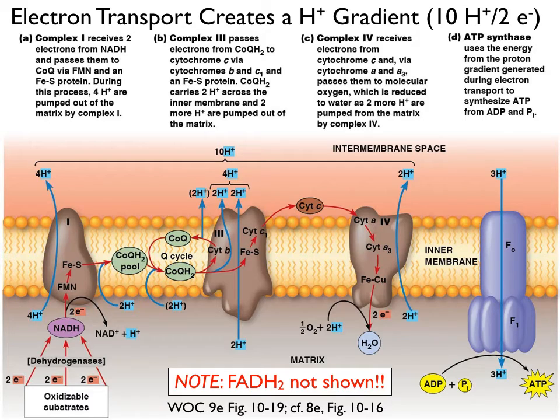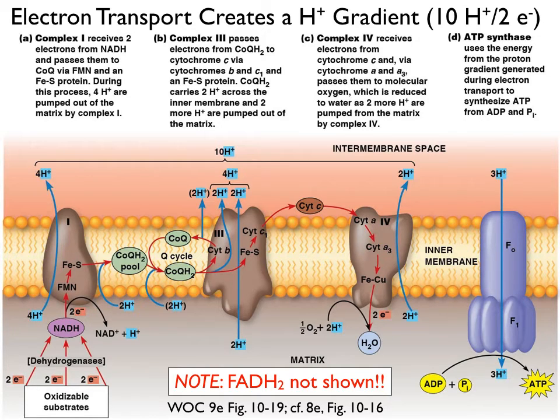They move through complex 3, and more protons are released asymmetrically into the intermembranous space. Another mobile electron carrier then hands electrons off from complex 3 to complex 4. That's called cytochrome C, and that's shown by the rust-colored oval in the center of the diagram. Cytochrome C then hands electrons off to complex 4.